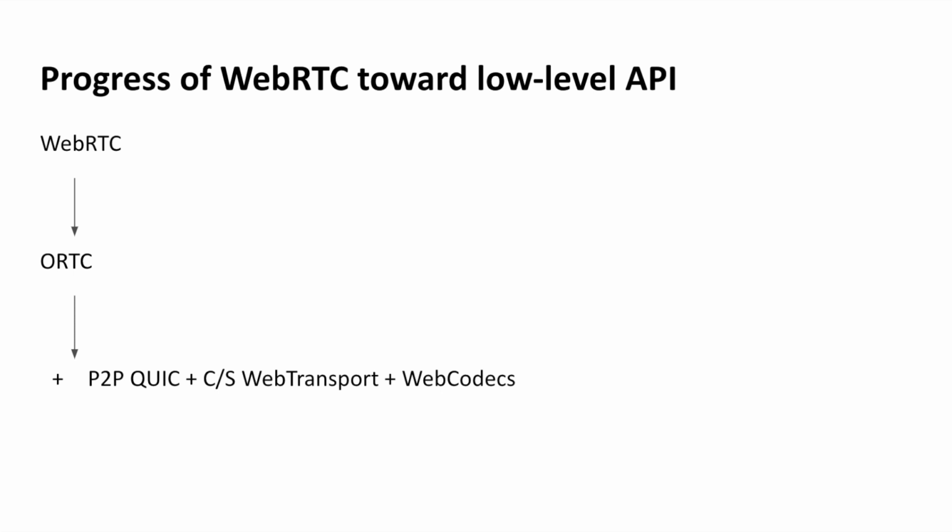We started off with WebRTC, which is a fairly high-level API, and then we standardized and partially implemented the ORTC API, which was lower level, avoided a lot of the more unpleasant parts of the API, and also gave developers more control and flexibility. And now with WebTransport, we're going even further in making that low level and breaking apart the transport and the media parts of the pipeline that's inside of WebRTC.